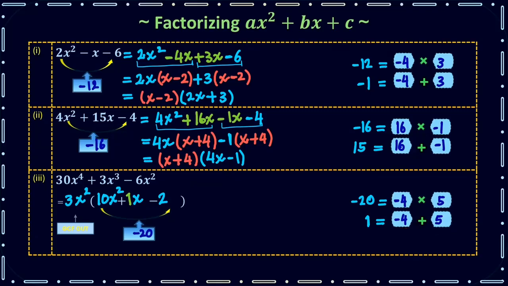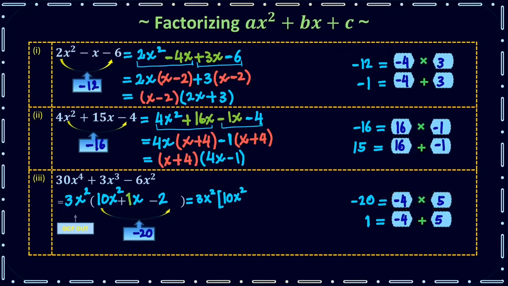To factor out our quadratic, we are going to carry down the GCF, 3x squared. Open bracket or parentheses. Leave the first or the leading term alone. 1x is going to be rewritten using these two coefficients.